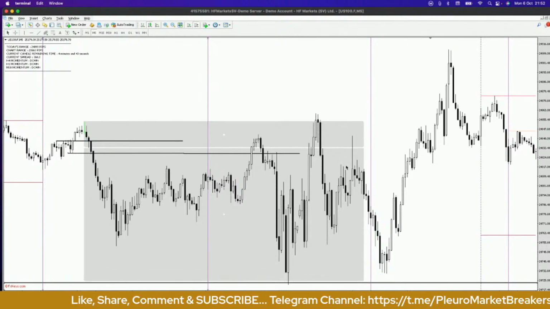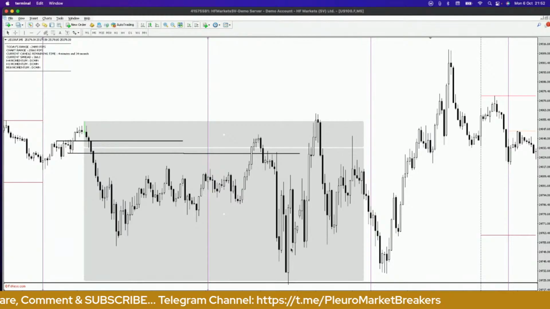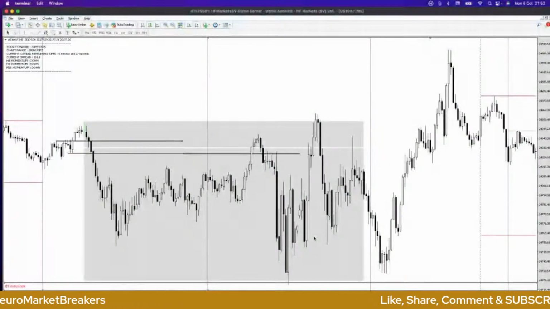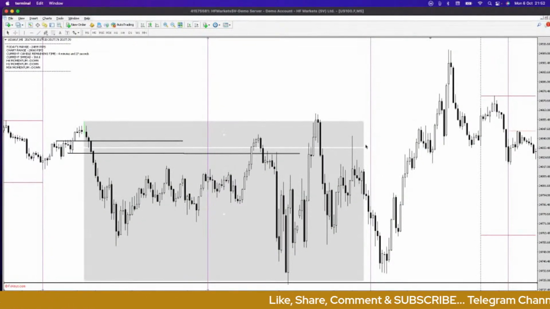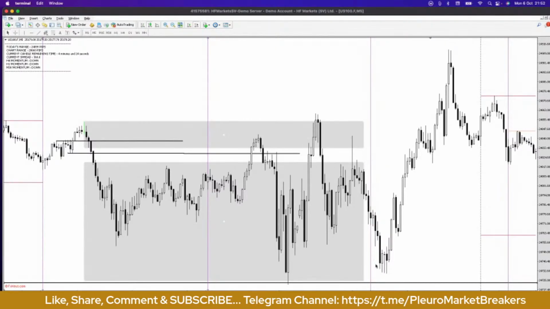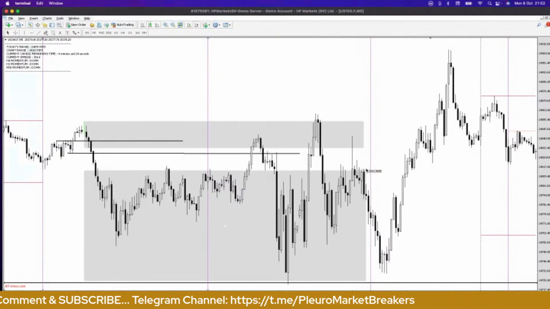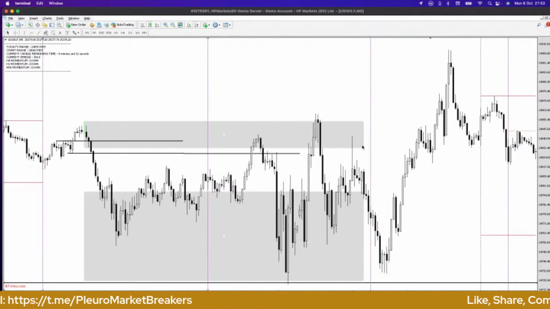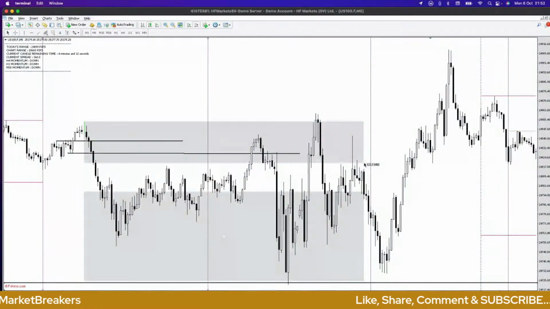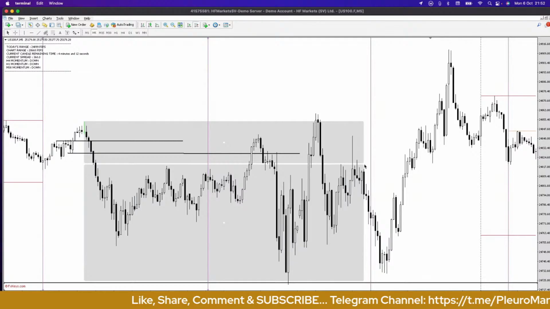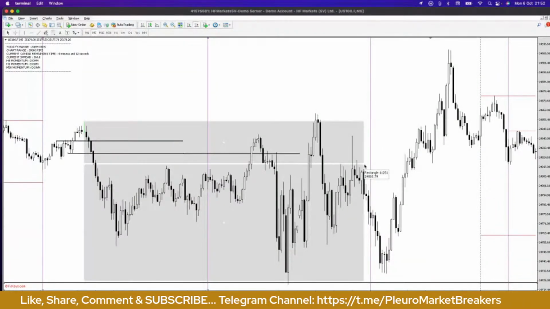Now, it eventually came and reversed against you, but you've picked up 5-1 here. And if you were chicken and you waited for it to get here, well, no problem. That's still 3-1, right?